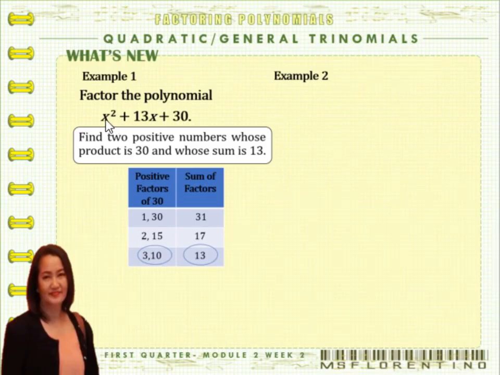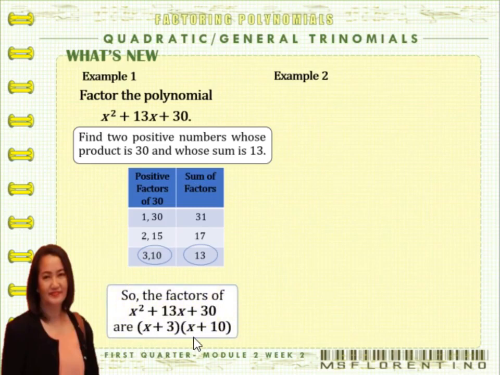So, the factors of x squared are x and x. Our first term will be x, and the second term will be 3 and 10. The sign that we will be using is both positive, since the middle term is positive, and the last term is also positive. The factors will be x plus 3 times x plus 10.